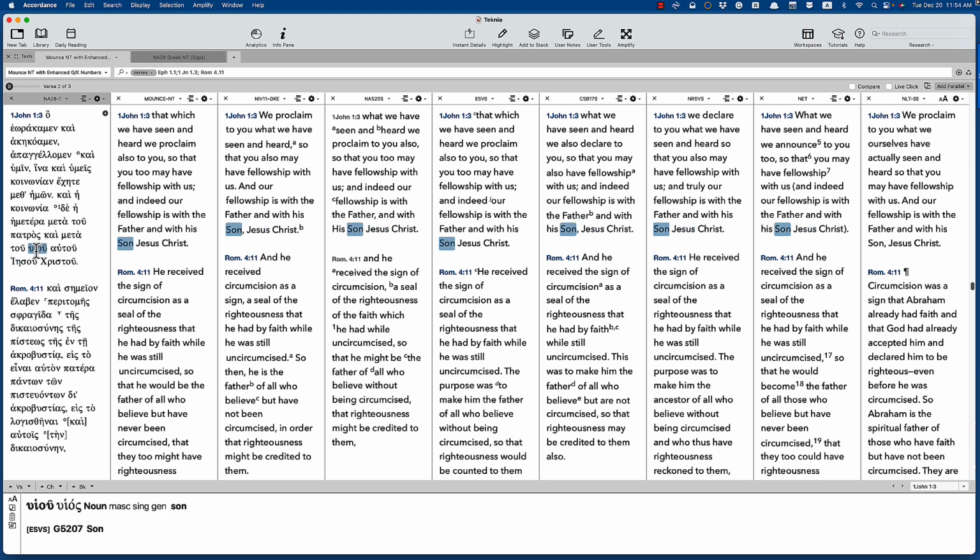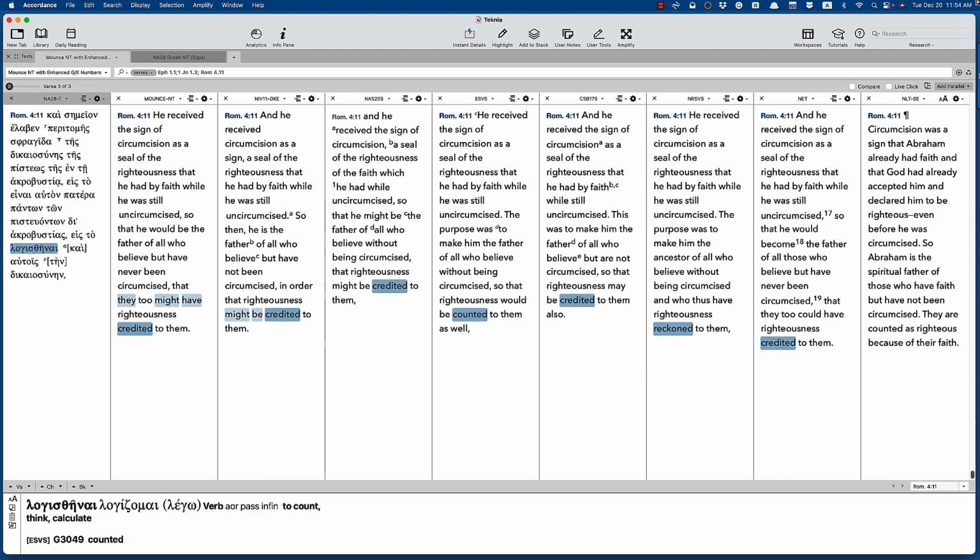In this case, Iesou Christou is not further defining the Son, and so it too is in simple apposition. But in Romans 4:11, you have a head noun in the accusative, and the word in the genitive clearly has to be a genitive of apposition, fine-tuning the larger category. So it's not just any sign, but a specific sign. It is circumcision, which is the sign.